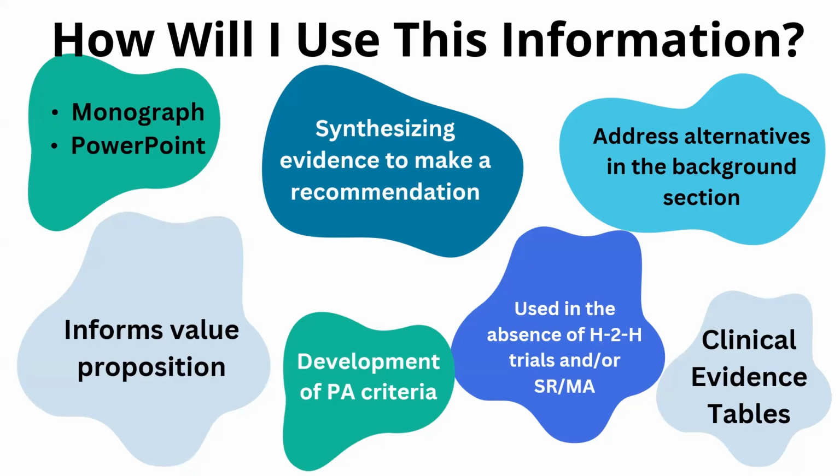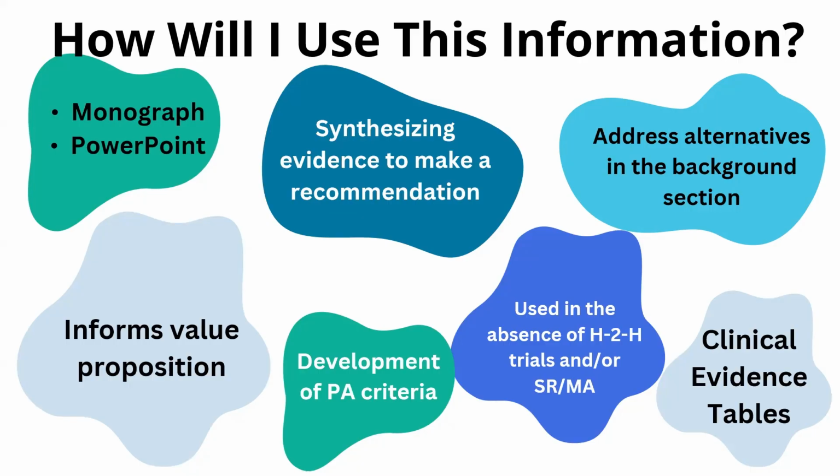Ultimately, indirect evidence is often used in the absence of head-to-head studies or in the absence of systematic reviews and meta-analysis. Now, obviously we want the highest quality evidence, and indirect evidence is not really evidence, right?